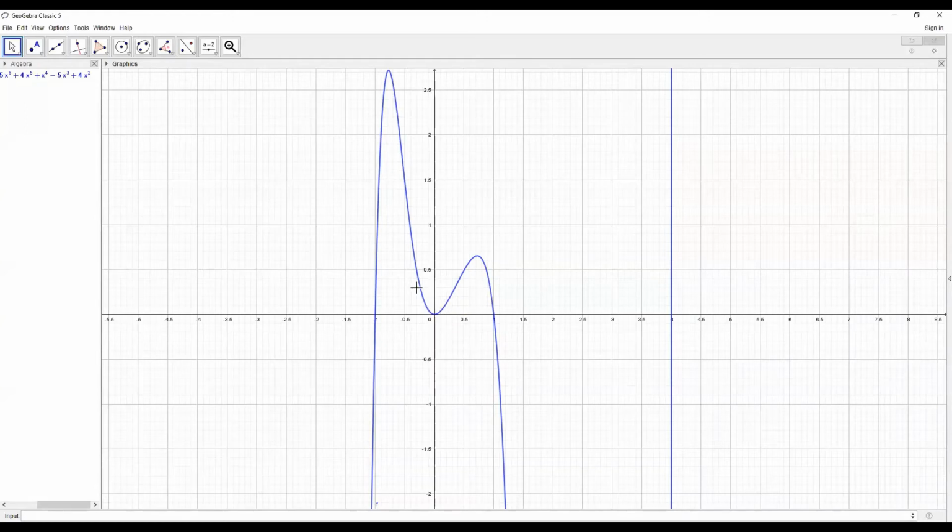And because of that even multiplicity, it touches the x-axis but does not cross. Whereas our other zeros, at least the real zeros, -1, +1, and 4, they all had an odd multiplicity of 1, and the graph does cross at those points.